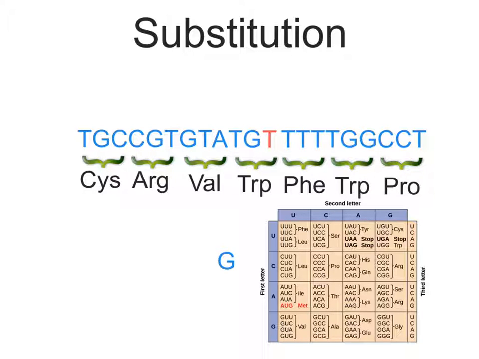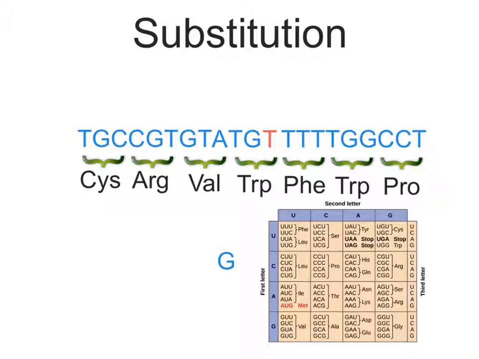So just like the first one we did, now we're going to go ahead and find the original three nucleotide sequence, so TGG or UGG on the table, and find out what happens when we change that last G to a T. On the table I can see the UGG, and it codes for TRP, like we see.